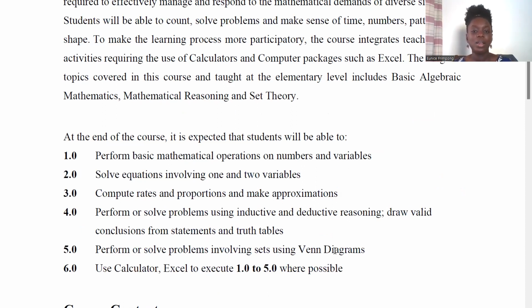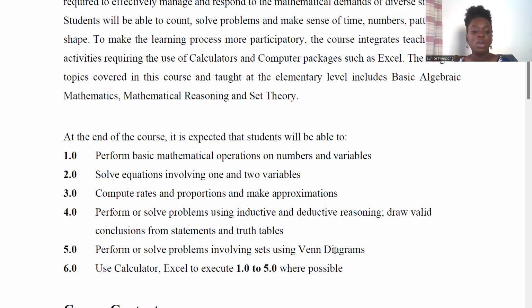Section 1, we'll be looking at performing basic math operations on numbers and variables. Part 2, we'll be solving equations involving 1 and 2 variables. And in part 3, we'll compute rates and proportions and make approximations. In part 4, we will solve problems using inductive and deductive reasoning, drawing valid conclusions from statements and truth tables.